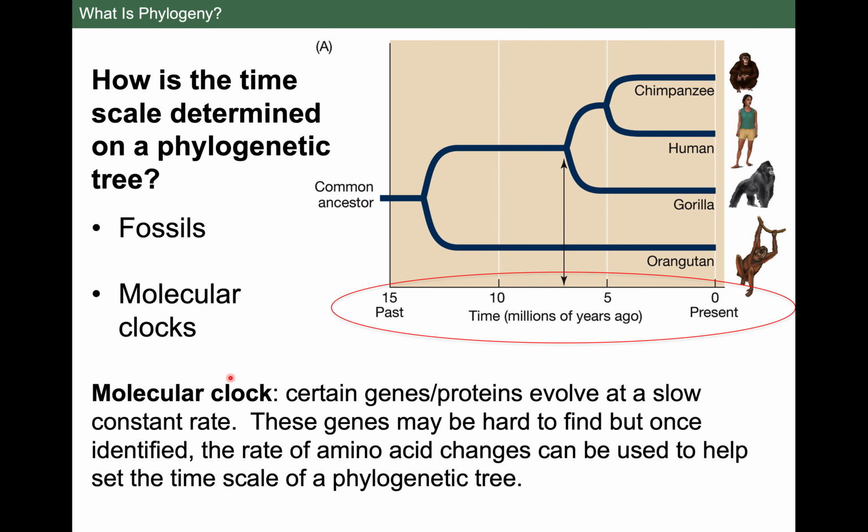So, if you can identify one of these particular genes or proteins, you can use that essentially as a molecular clock because it's been established. Yes, this particular sequence changes very slowly, changes very consistently, and you can basically observe those changes happening and use that to help set your time scale.